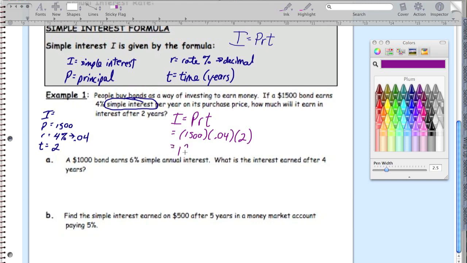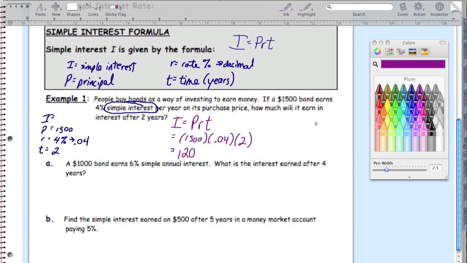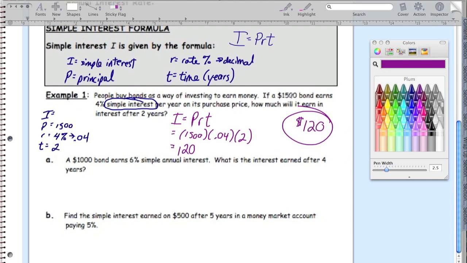So that means at the end of 2 years, there is going to be an extra $120. And because it's a bond, you're investing it, so you're going to have an extra $120 under these qualifying marks, the 4% in the 2 years, if you were to invest this much. And that's pretty nice considering you don't have to do anything and you just make $120.